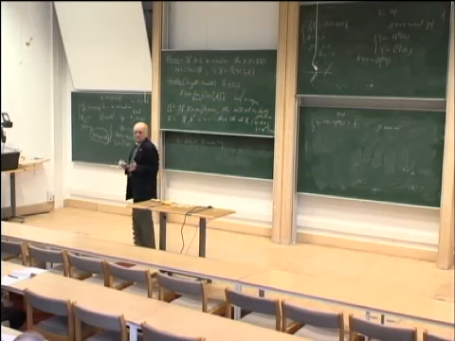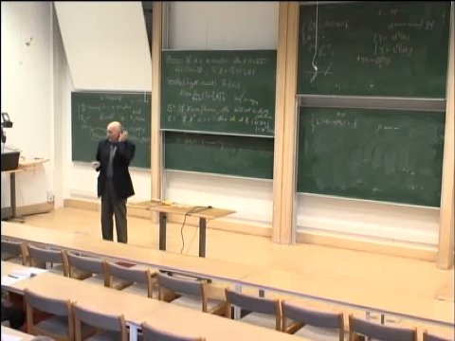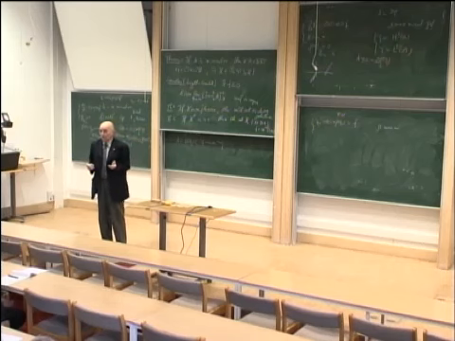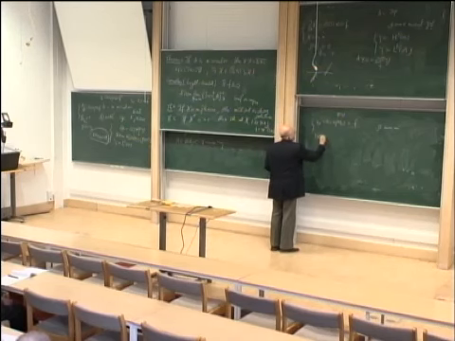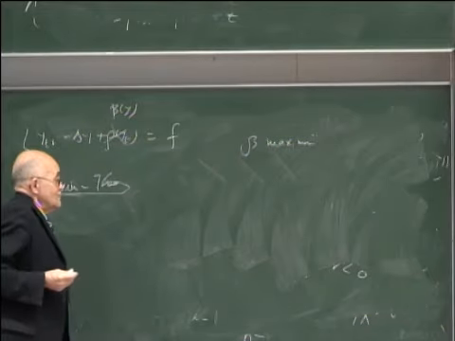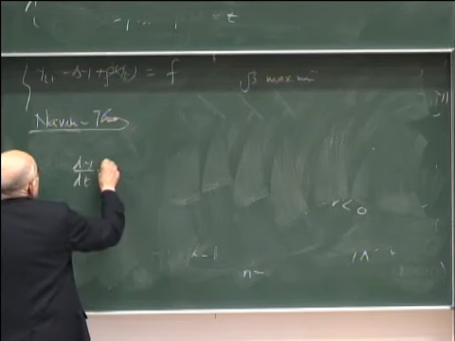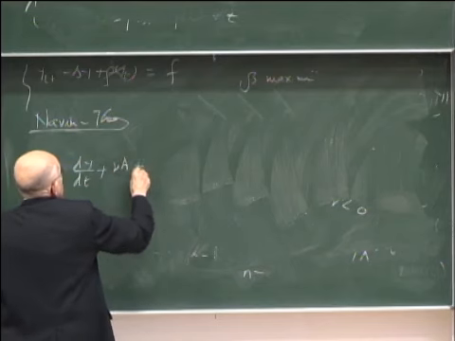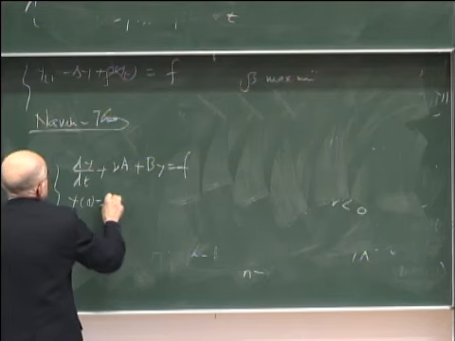What happens with Navier-Stokes? Navier-Stokes is a dramatic case, because the nonlinear term is not monotone. However, how do we proceed for Navier-Stokes? Because every good theory should be tried also on Navier-Stokes. Let's write Navier-Stokes directly in abstract form: y' + nu A y + B y = f, y(0) = y0.